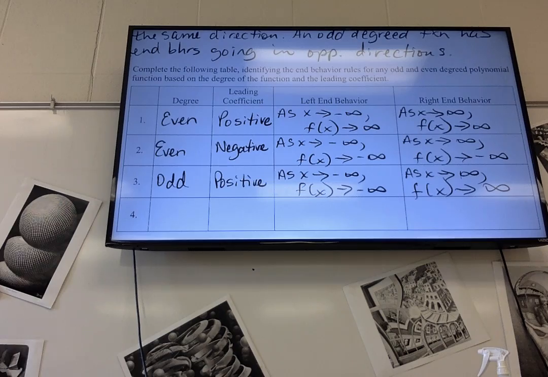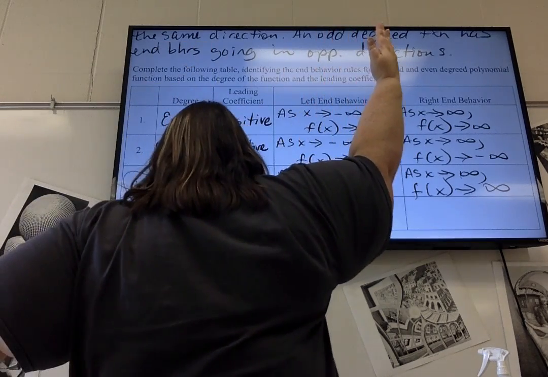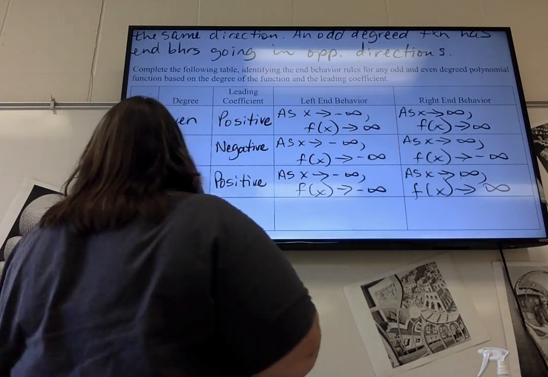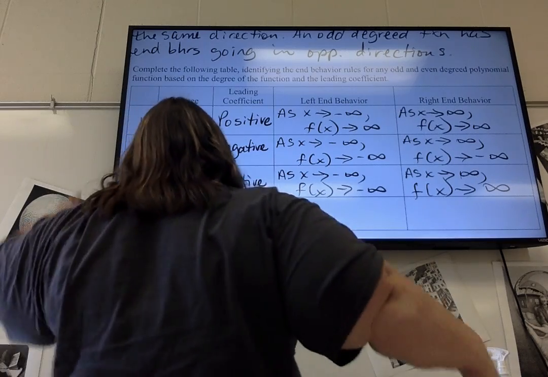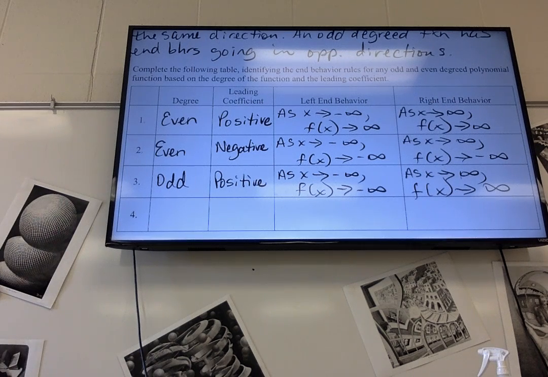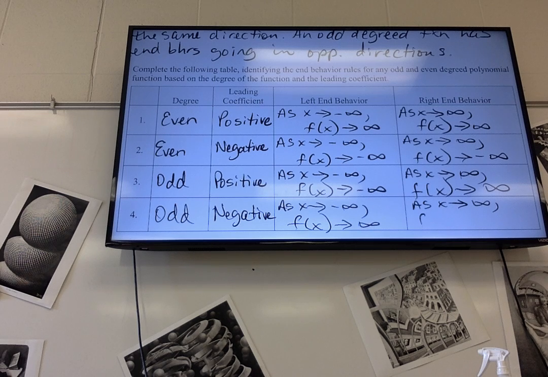So that means if it's odd and positive, it goes down on the left and up on the right. And then when I flip-flop this and make it odd and negative, it's going to go this way. As x approaches negative infinity, f of x approaches infinity. And as x approaches infinity, f of x approaches negative infinity.